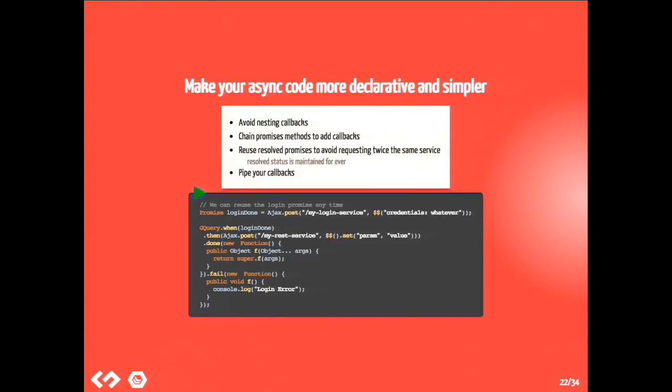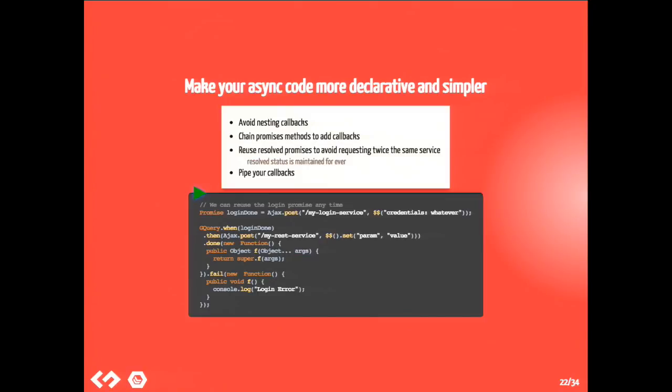When you do login in your service, this is what AJAX returns, a promise, so you can reuse the promise. Normally in your application, the login can take, I don't know, maybe one minute if you are on a mobile device or whatever. But what you can do is reuse this promise. If the promise is resolved, it's resolved forever and is immutable.